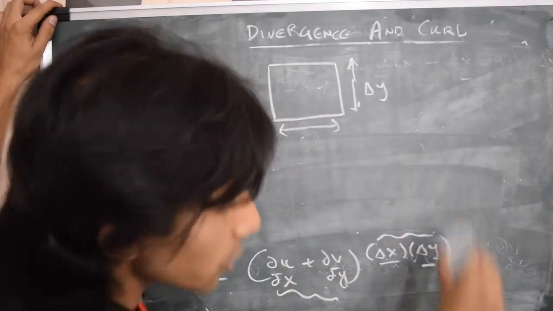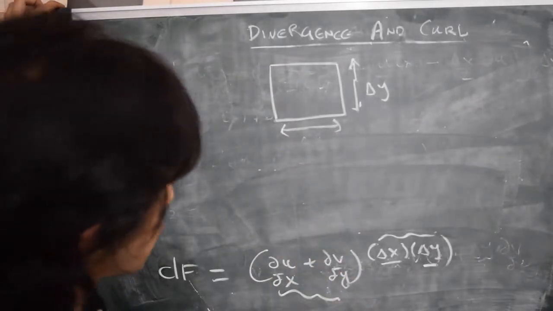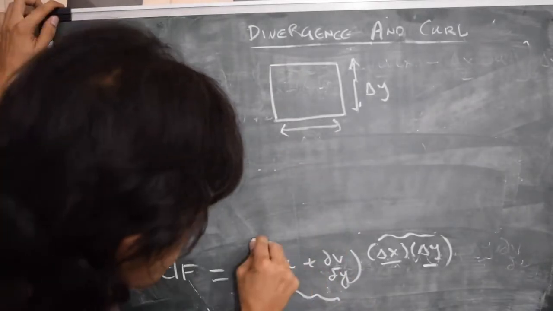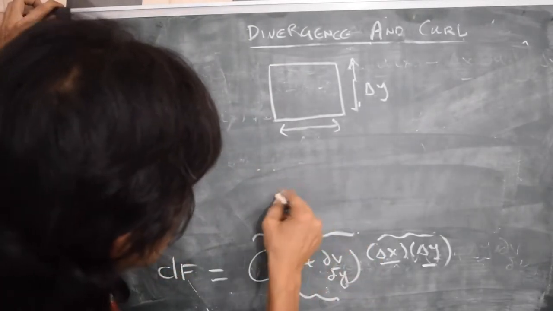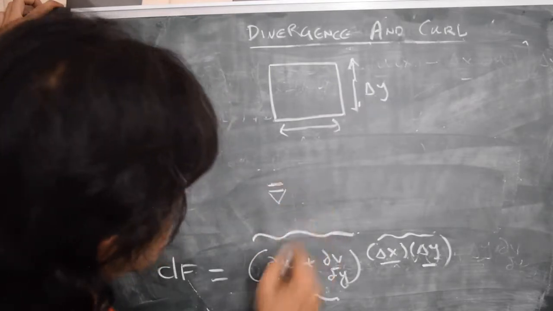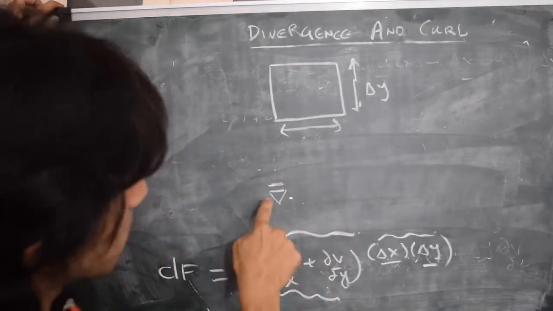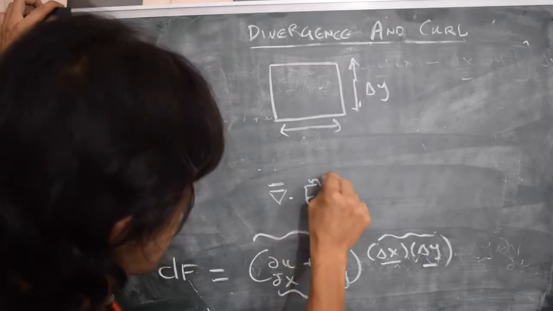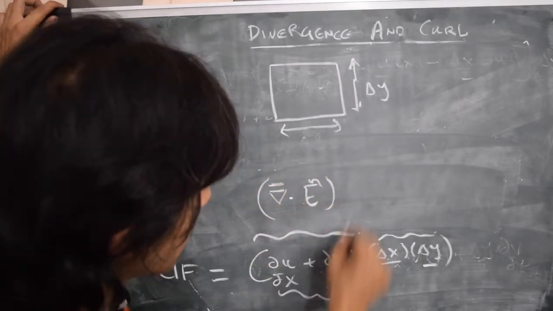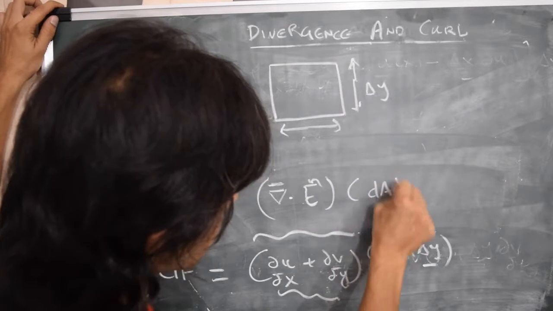So when we evaluate the infinitesimal flux through this loop, we find that it's composed of del dot the vector field E, which has components u comma v, times the infinitesimal area of the loop.